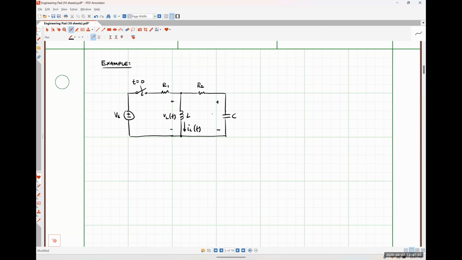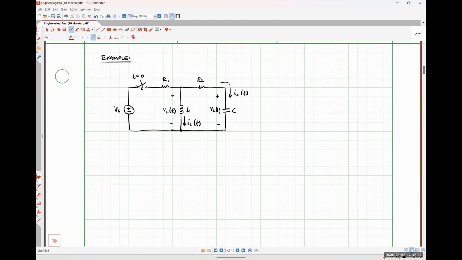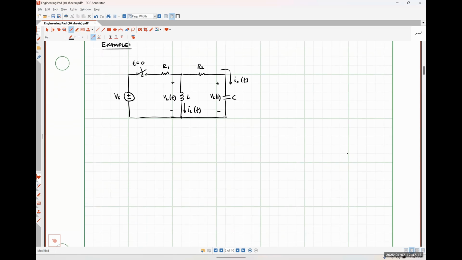This will be the voltage drop across my capacitor, VC of t, and this will be the current flowing through my capacitor, IC of t, like so. So what I'm going to do first is choose to write a KVL equation around that right-hand loop. Let me just put a note here: KVL at right-hand loop.